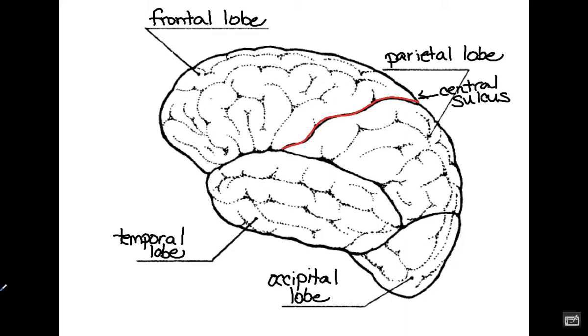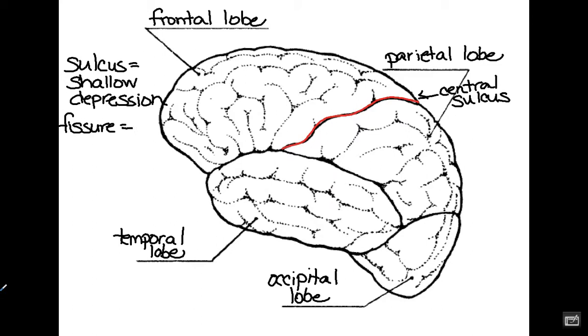So how is this different from a fissure? Well, a sulcus is a shallow depression. So the way I remember it is sulcus has an S and shallow has an S, whereas a fissure is deep.